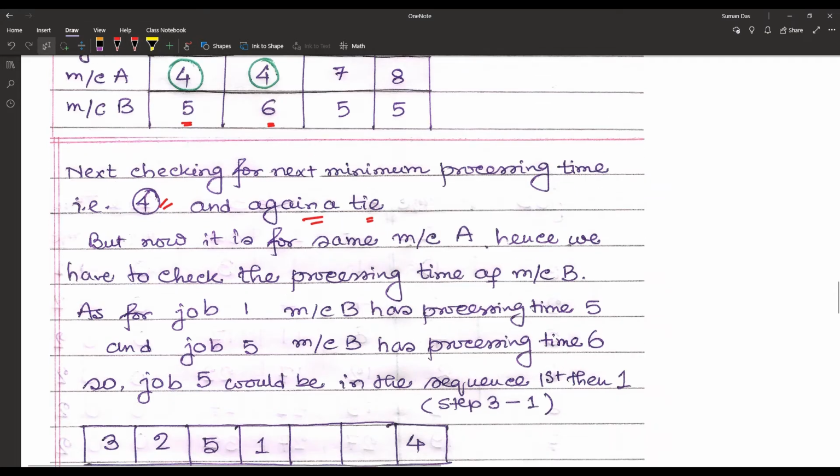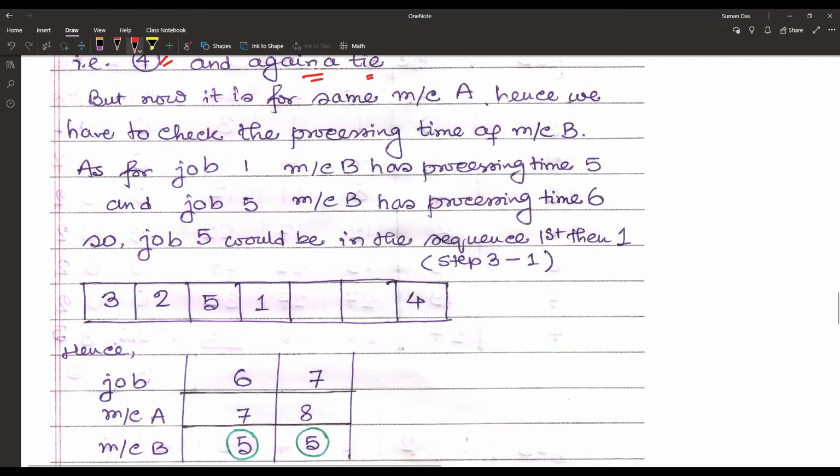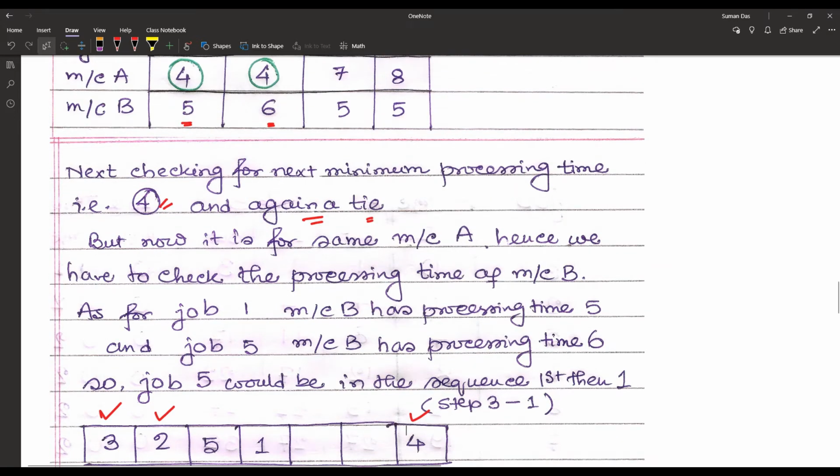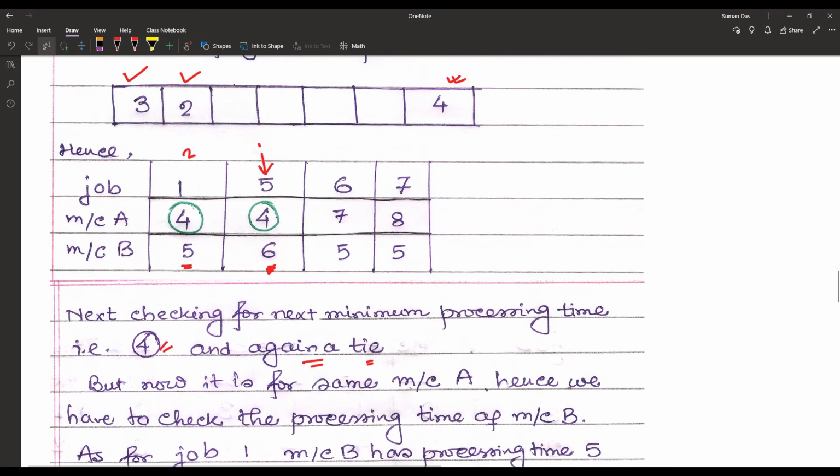So in that way, at first the 3 was for the first step, in the second step 2 was there and 4 was there, and in the third step now, as job 5 has the larger processing time for machine B, 5 must be in the first position and in the second position job 1, and in that way we are crossing out job 1 and job 5 over here.